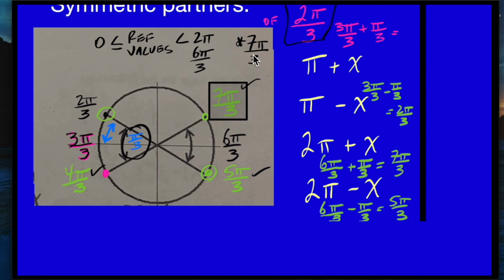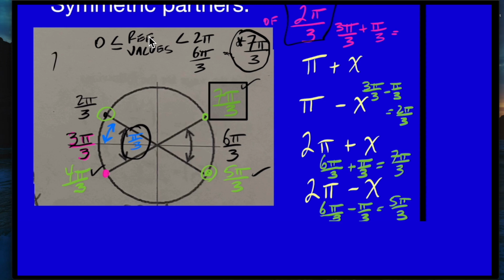So in order to legally replace it with a reference value, we need to subtract the period. So if we subtract the period, we would do 7 pi over 3 minus 6 pi over 3, because that's the legal way to move from outside the reference value zone to get within the reference value zone.